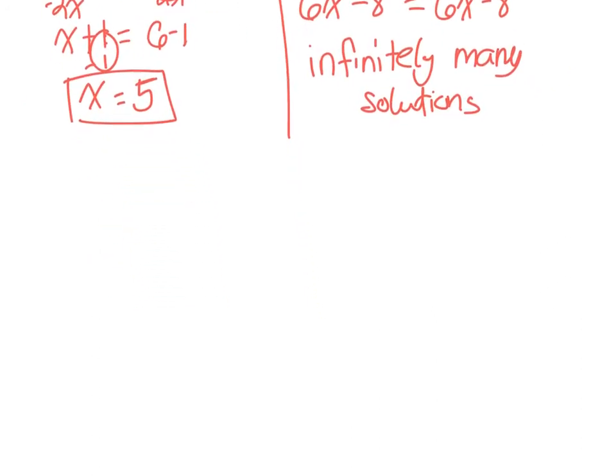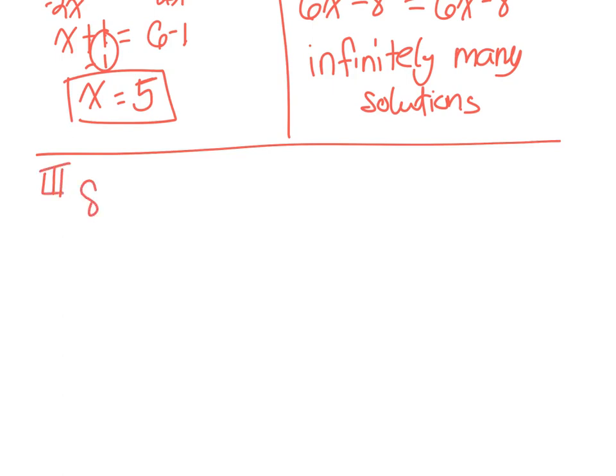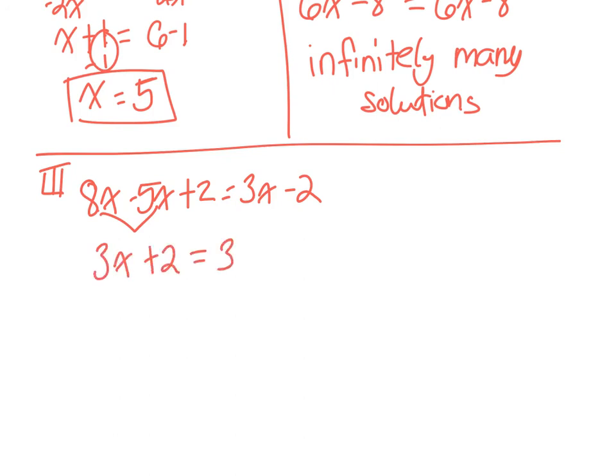So now I'm going to look at equation number 3. 8x minus 5x plus 2 equals 3x minus 2. Going to combine like terms. 8x minus 5x gives me 3x plus 2 equals 3x minus 2.